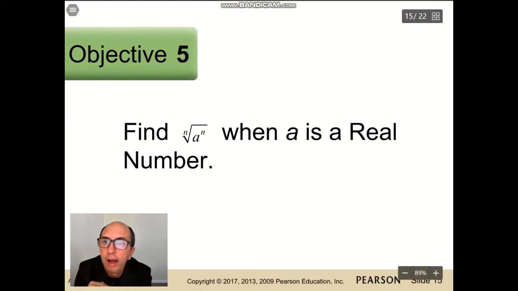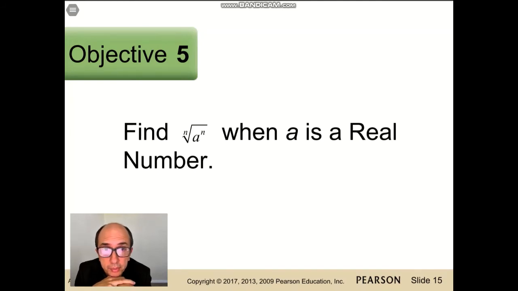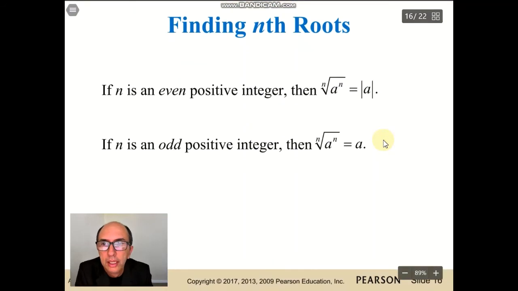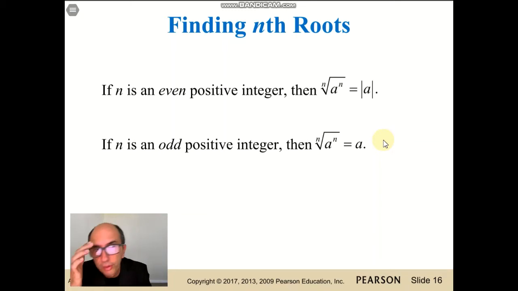Okay, now working on the next objective: find the nth root of a exponent n when a is a real number. If n is an even positive integer, then the nth root of a exponent n is going to be the absolute value of a.